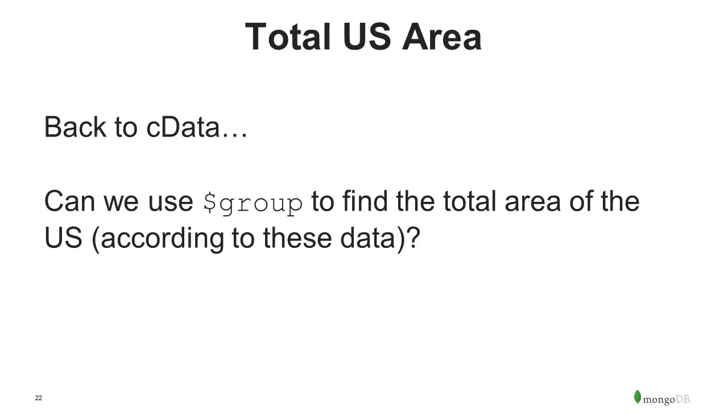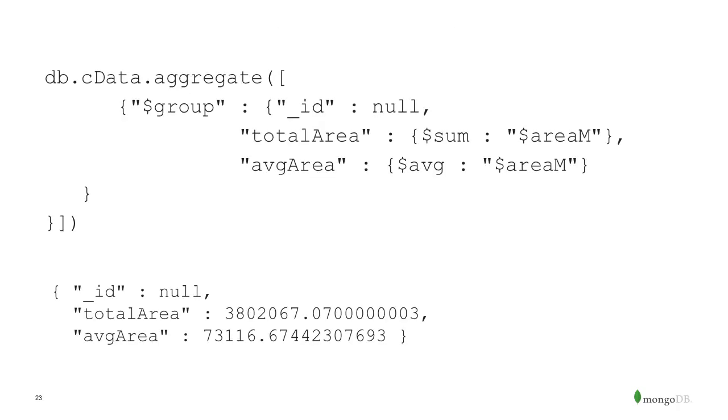So actually, back to the question about underscore ID being unique, we can extend this: when you're doing a $group, you do not need to use it that way. We can take that a little bit farther and see if we can use $group to find the total area of the United States. And here's an example of doing that.